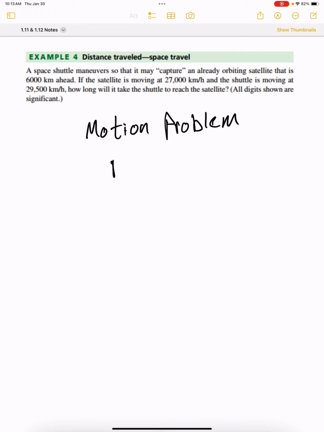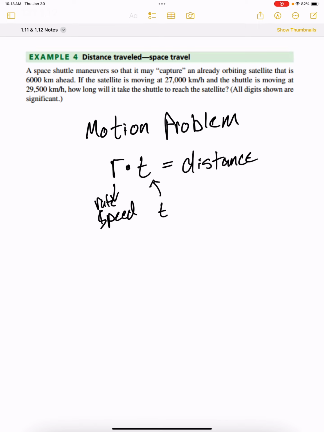And it's rate times time is equal to distance. Rate, that is how fast you're going, right? Your speed. And then time. And then we know that equals distance. Most of the time I put D, right?